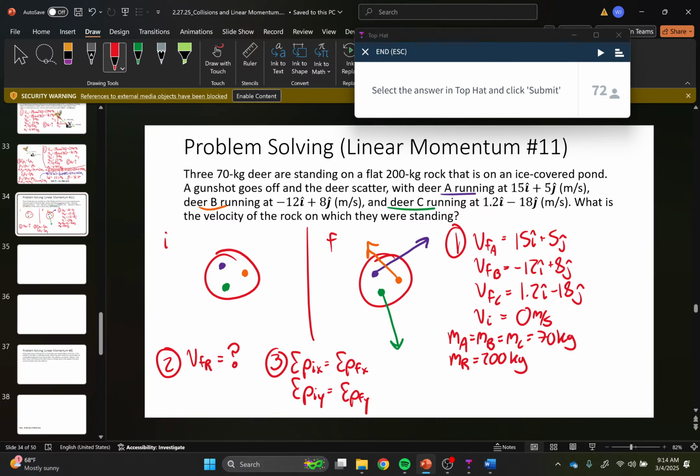How many objects do I have in my initial? 4. But they're all together, so in the beginning, we can treat it like one big object. At the end, how many objects will I have when they scatter? 4, because they all scatter. 3 deer plus 1 rock, 4 objects.